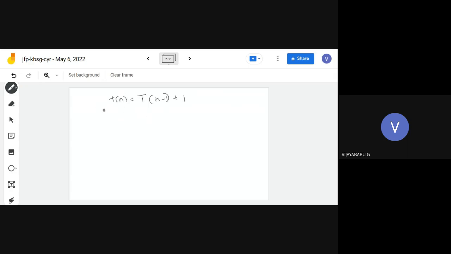Let us consider this first simple recurrence relation. This kind of recurrence relation appears in many algorithms, but before going to that, T(n) = T(square root of n) + 1. So we are going to solve the simple one first.